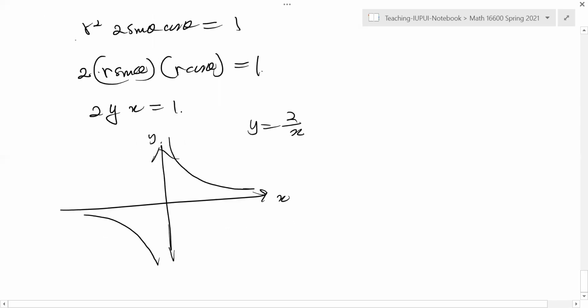And then you get the whole line because when x... okay, let's think about it. If r is positive, theta from 0 to pi over 2, you get this whole piece.